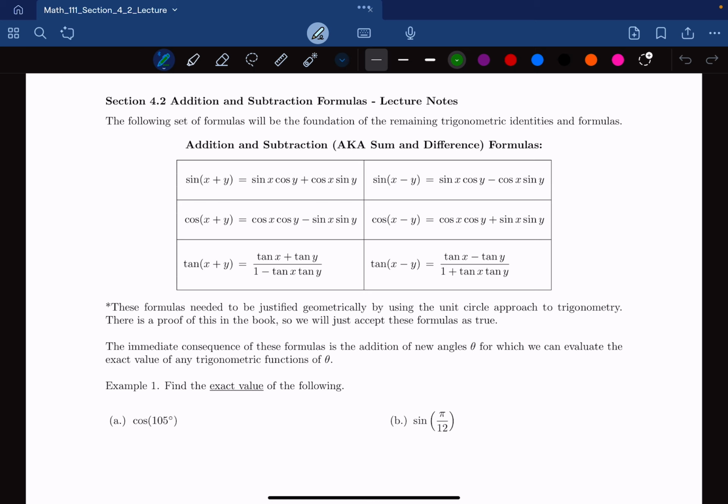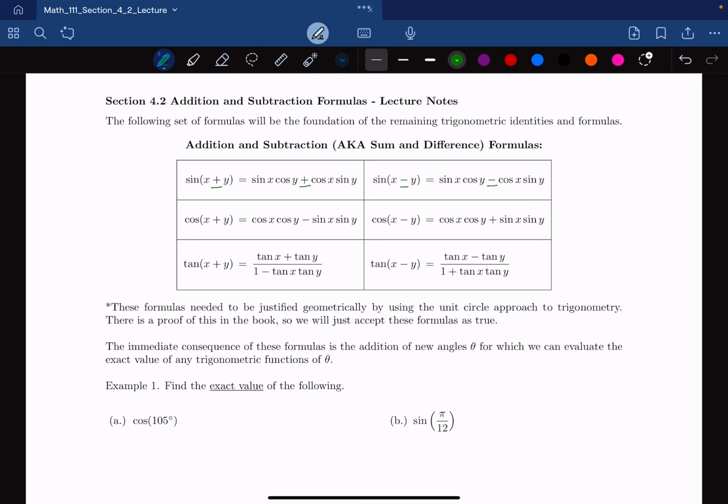Anyways, when you're looking at this kind of formula, focusing on the sine formula first, we can see that the sine addition and subtraction formula has the addition sign corresponding to the addition sign, and then subtraction with the subtraction.